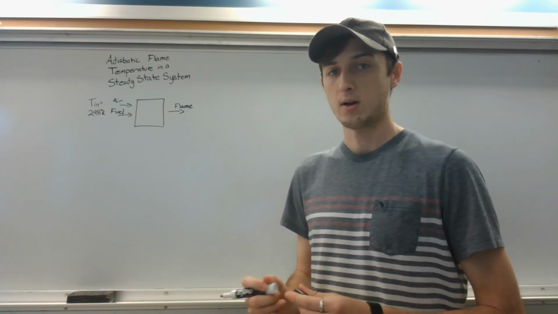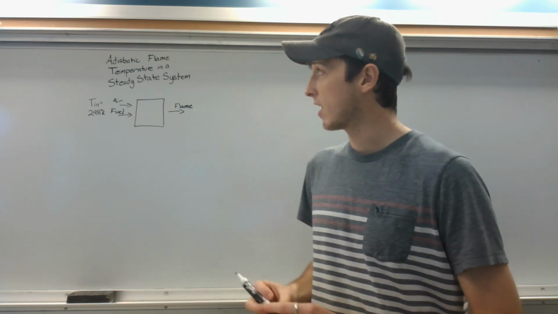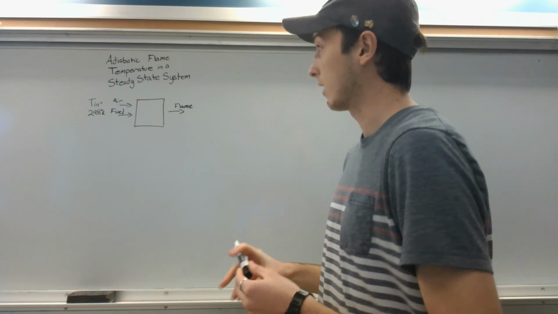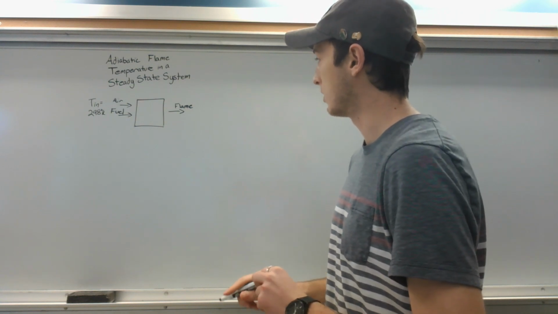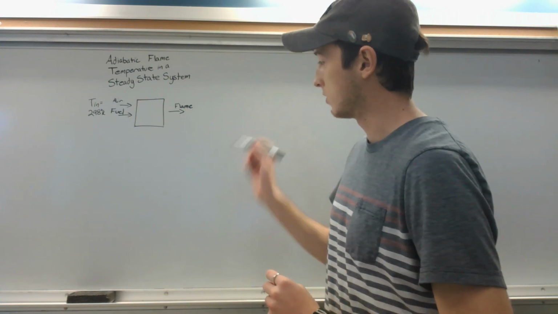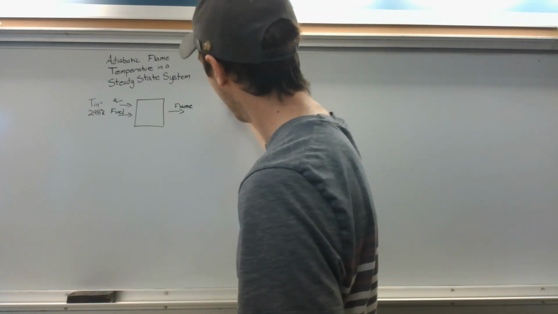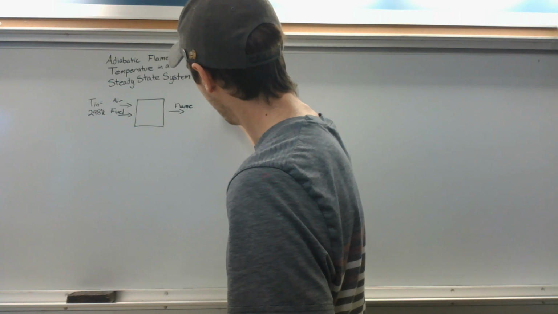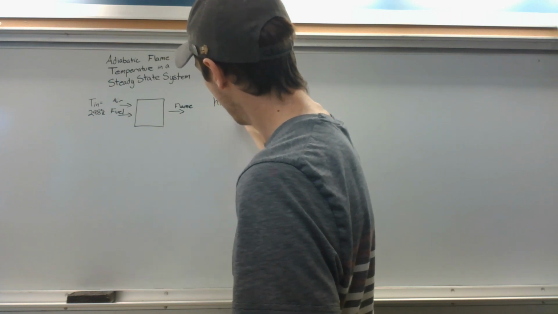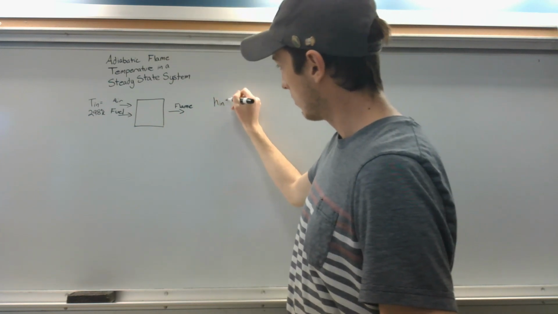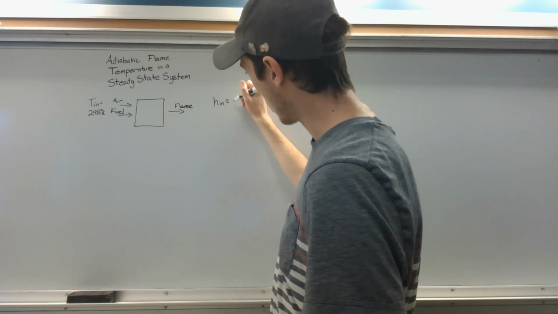The first step is to set up our energy flow into and out of the system. Because this is adiabatic, instead of our traditional formula, we're left with simply our enthalpy into the system. Hn is going to be equal to H out.